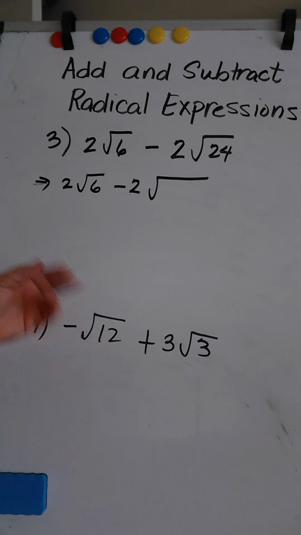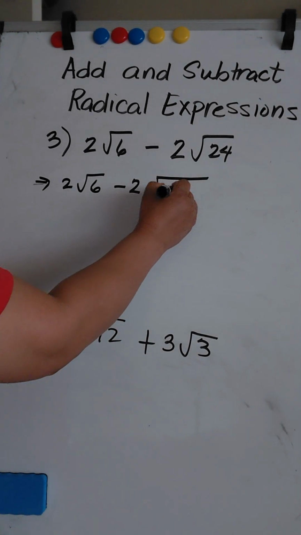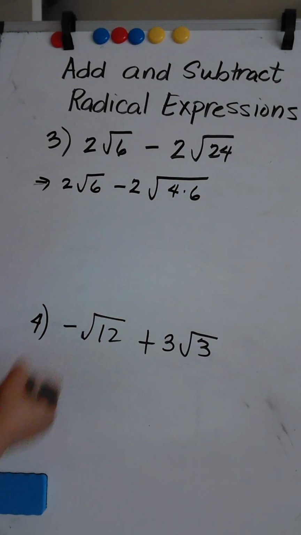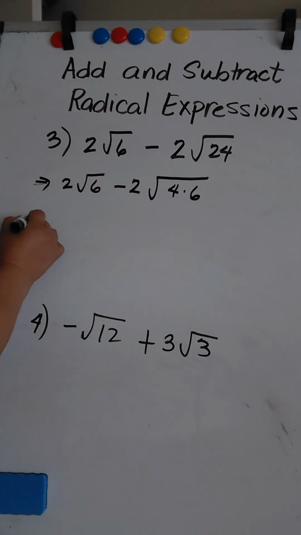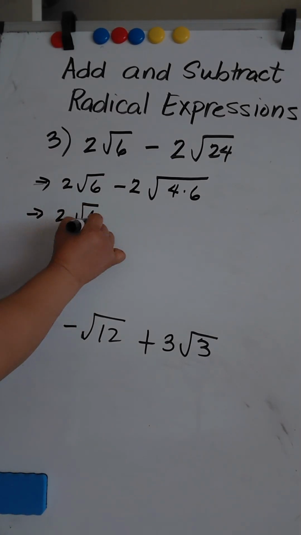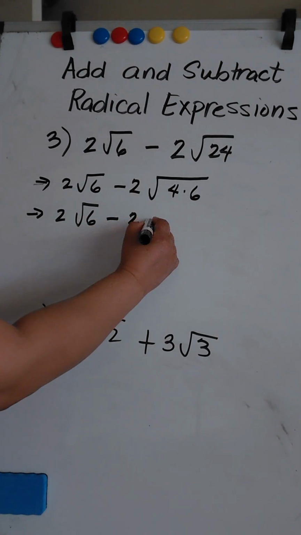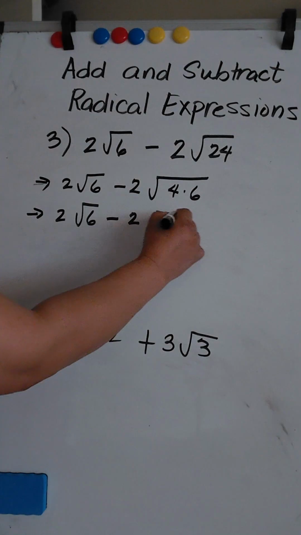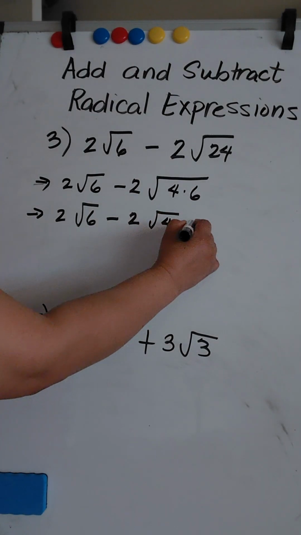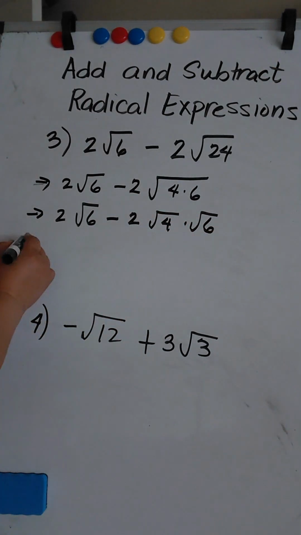That gives you 24. Okay, so we have 4 times 6. So we have 2 square root of 6 minus 2 square root of 4 times square root of 6.